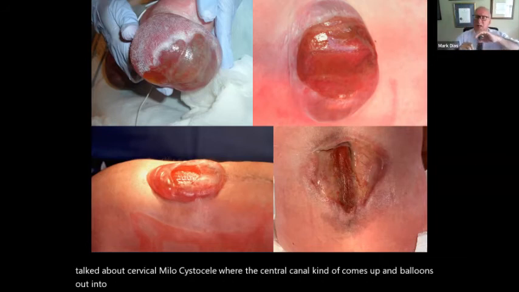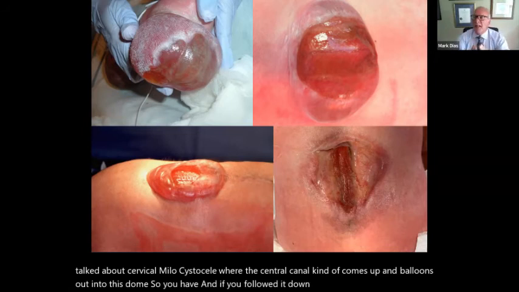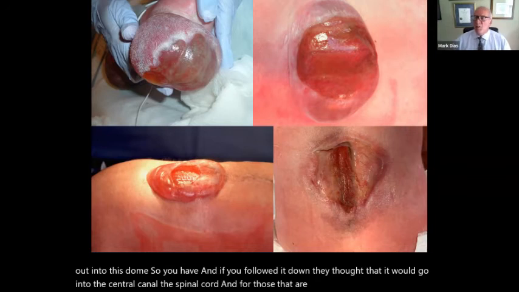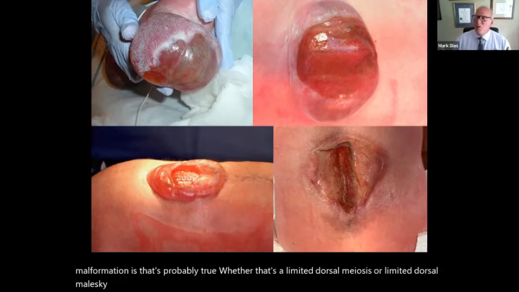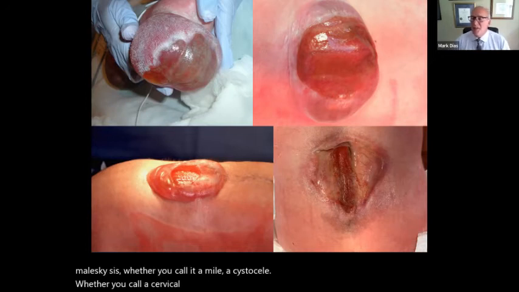If you followed it down, they thought that it would go into the central canal of the spinal cord. And for those that are not associated with split cord malformations, that's probably true. Whether you call it a limited dorsal myeloschisis, a myelocystocele, or a cervical myelomeningocele, I think all three of those are technically probably correct.